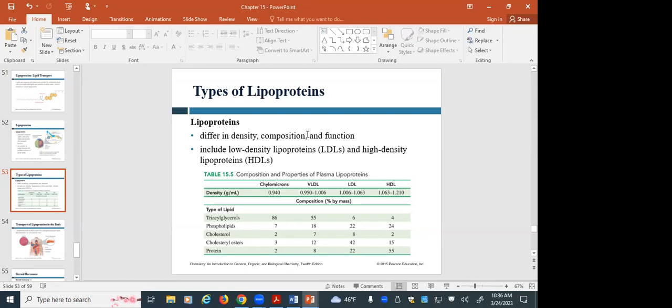Well, we can tie it to unsaturation. Saturated triglycerides, because they can stack better, are going to have a higher melting point, which means they're going to be solids. Unsaturated triglycerides, because they won't stack as well, are going to have lower melting points and are more likely to be liquids. And so that's the difference.